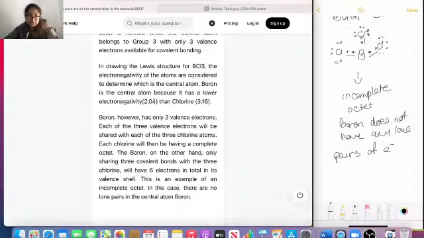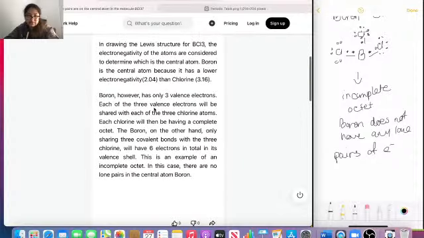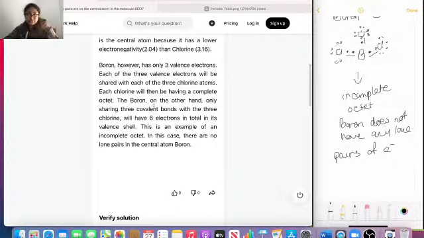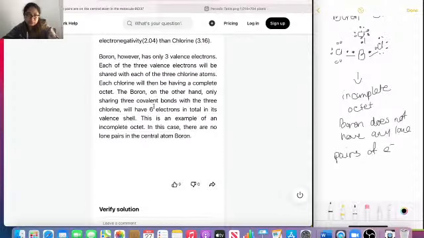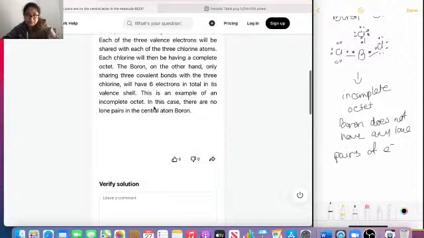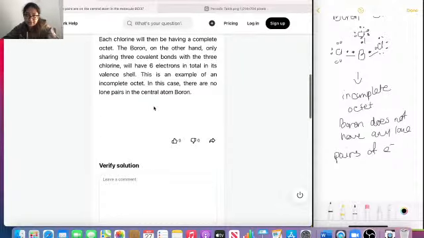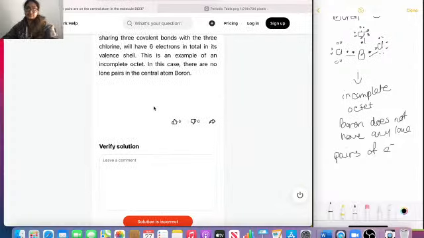So boron has a lower electronegativity, and since boron only has 3 valence electrons, they will be shared among the chlorine atoms. In this case, each of the chlorine will have a complete octet, but boron, on the other hand, sharing only 3 covalent bonds with 3 chlorine, will have 6 electrons in total. So boron will not have a complete octet, therefore boron does not have any lone pairs. And this is correct.